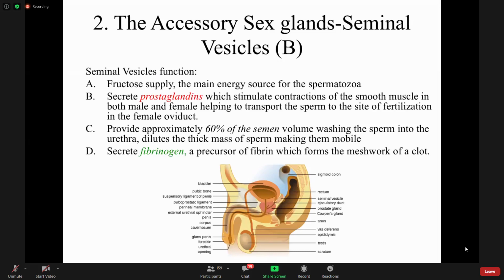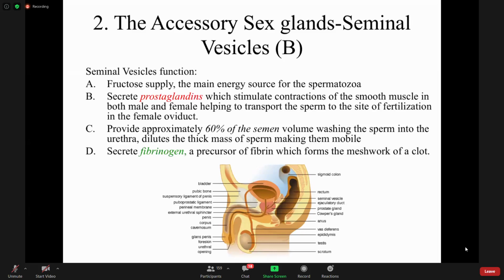In addition to this, they provide fibrinogen, which is going to create the meshwork that, along with the secretions of the prostate, is going to clot the semen inside the cervical canal to be retained after the retraction of the penis from the vagina.